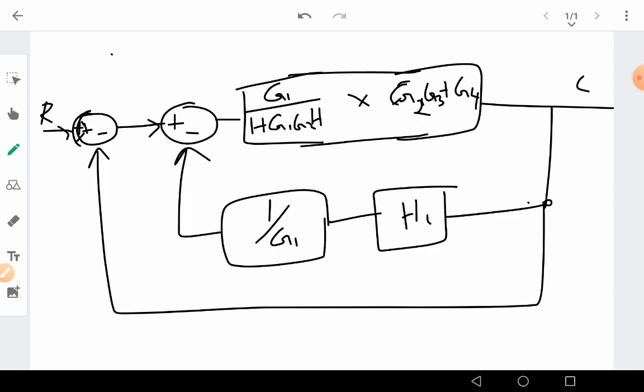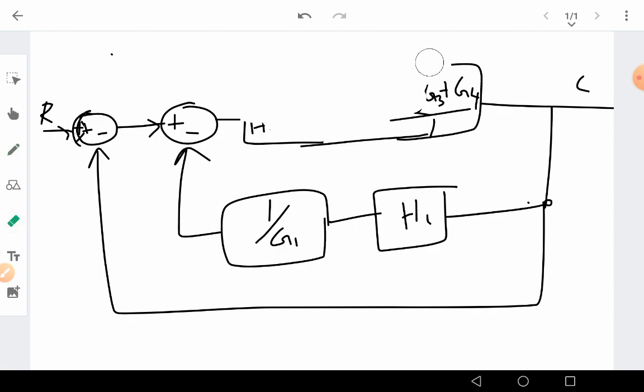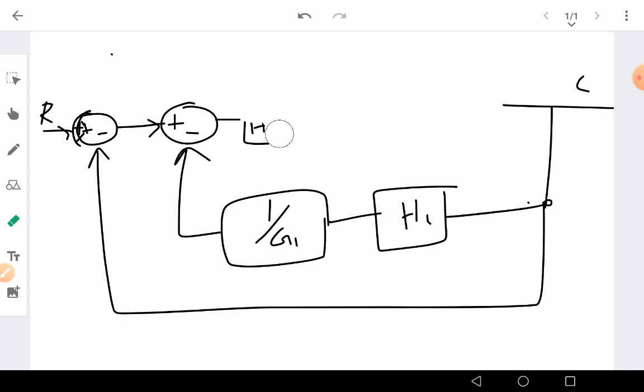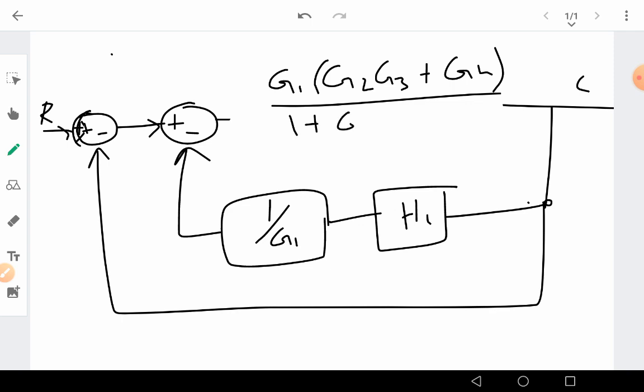So it can be combined by g1 into g2, so it will be g1 g2 into g3 plus g4, this was the multiplication, divided by 1 plus g1 g2 h1, right?